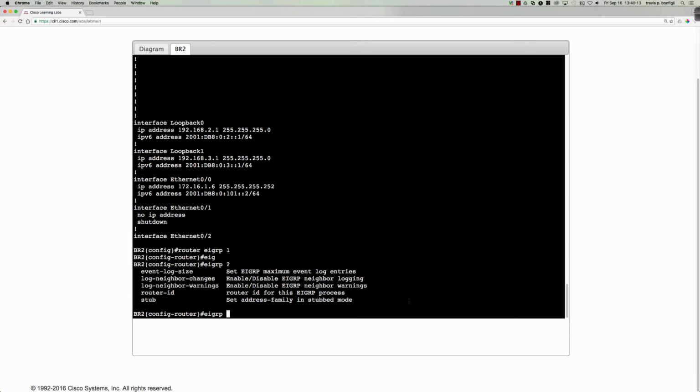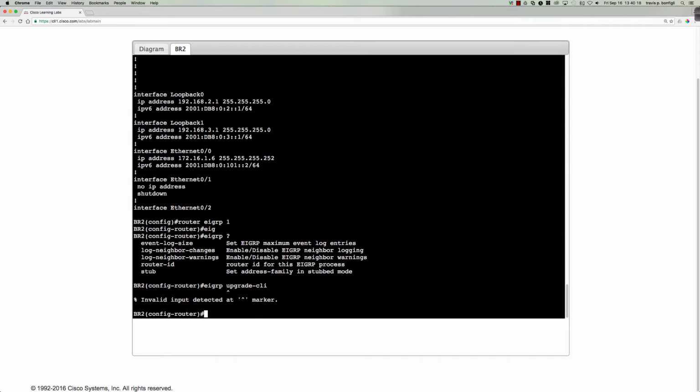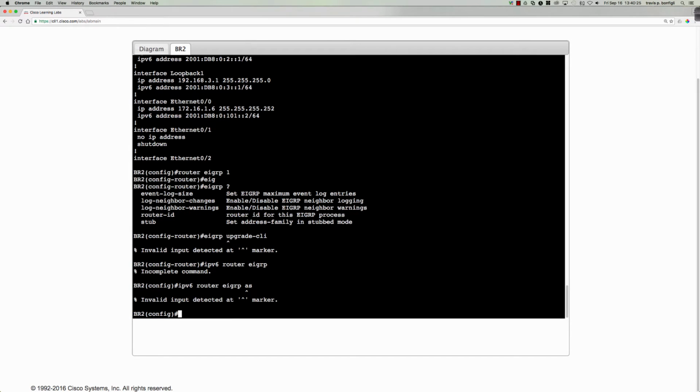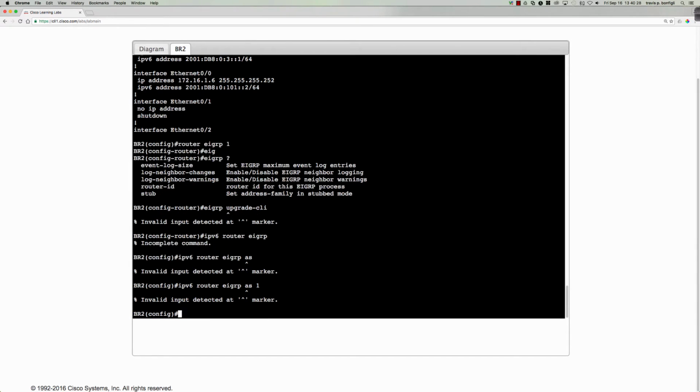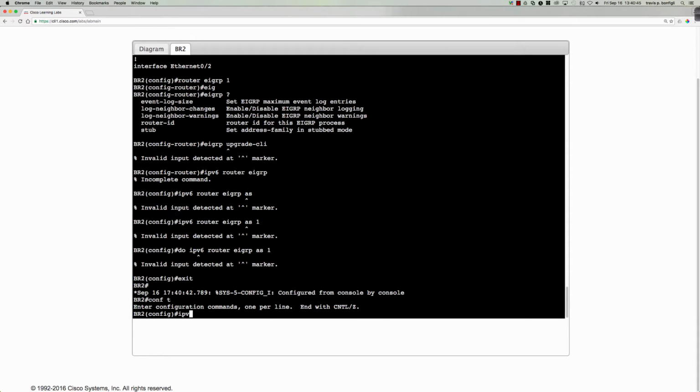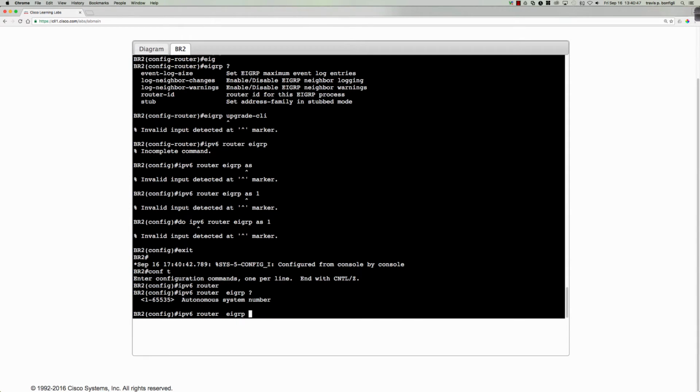So I would come into the v4 stanza and type in EIGRP upgrade-CLI and hit enter, and then I would say IPv6 router EIGRP 1.